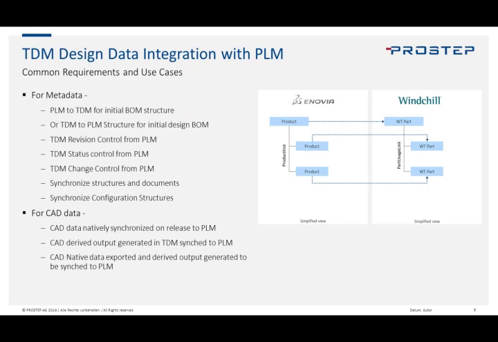It'll create a new revision, with a deep copy of the old one, and then it's updated. Changes then processed. You can also do things like loading configuration structures between the two. So if you have an upper level assembly that defines a little bit better your product that you're not going to use within a design, synchronize that from a PLM to a TDM so it's there and visible.